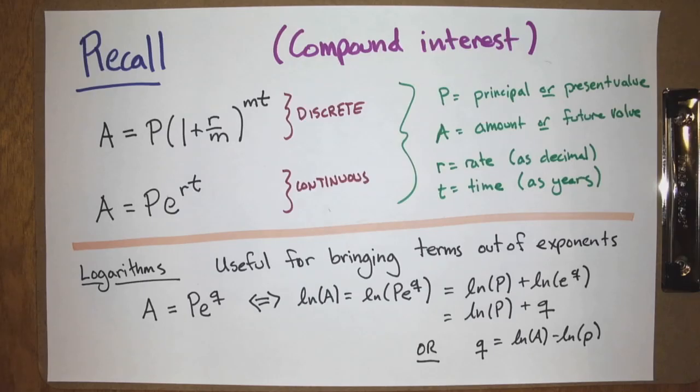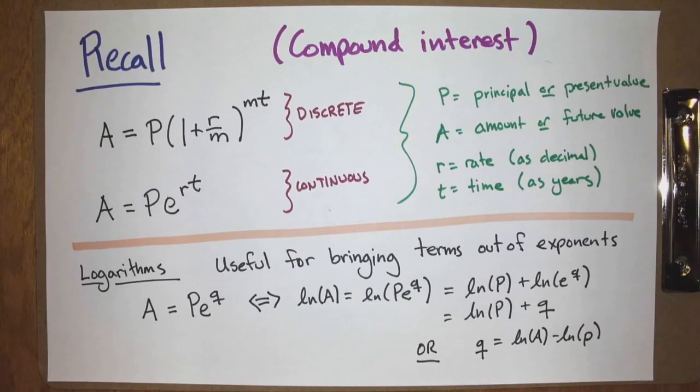Last time, we talked about logarithms. And logarithms are this wonderful tool. You can do a lot with logarithms. But one thing that it's useful for is bringing terms out of the exponent.